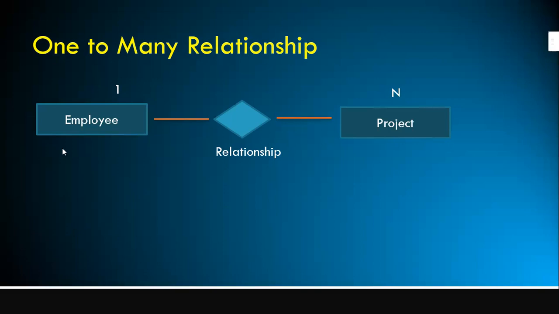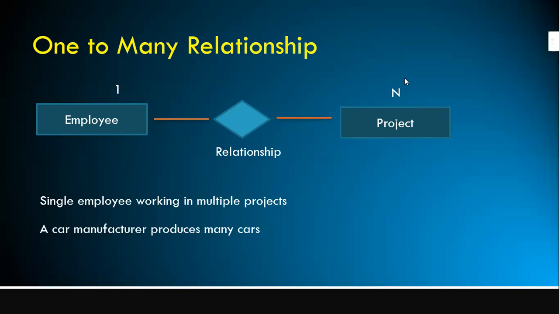And let's say you are a manufacturer. Okay, you are producing more than one item or product. These are the examples for one-to-many relationship. So here one is only one person, one employee can work on many projects. A single manufacturer can produce many cars. Hence we call this a one-to-many relationship.